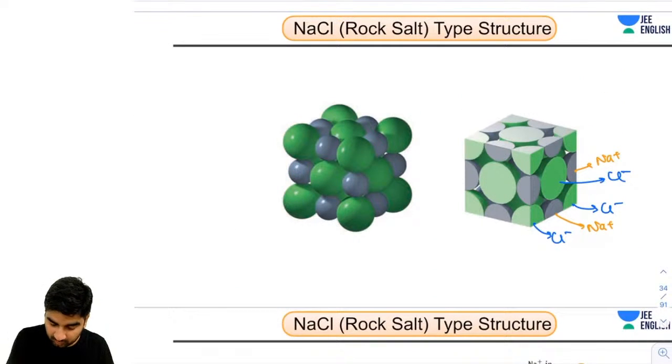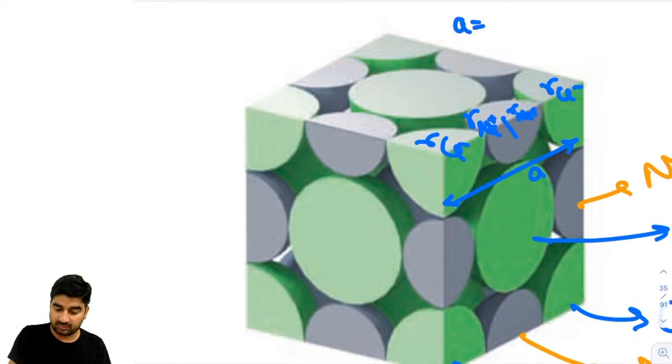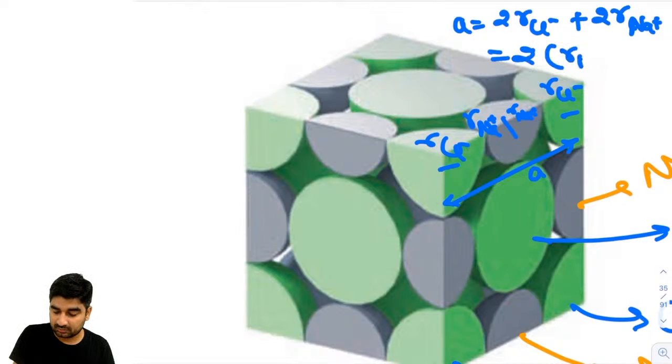This is the radius of chloride, the radius of Na plus, the radius of chloride. So if this is A, then A will be equal to 2 times the radius of chloride and 2 times the radius of Na plus. Right? You can take 2 common.